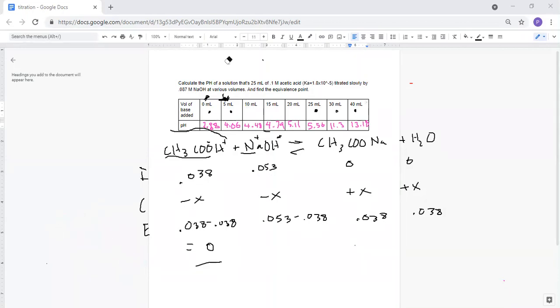So now the difference here is equal to 0.015, I think. Yeah, it's 0.015. Let me go ahead and take the negative log of that real quick.